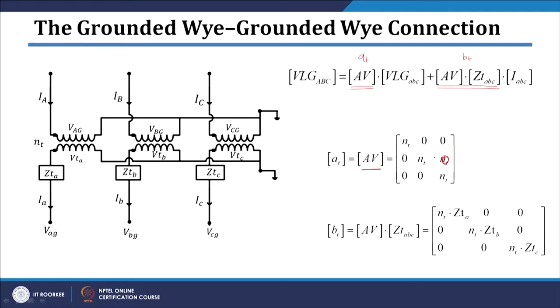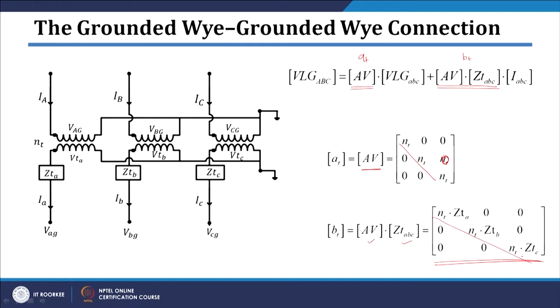So, AV matrix is just diagonal matrix of your turns ratio, and BT we are getting AV multiplied by ZTABC. So, in this case also this is diagonal matrix of impedances, and this is also diagonal matrix of turns ratio.